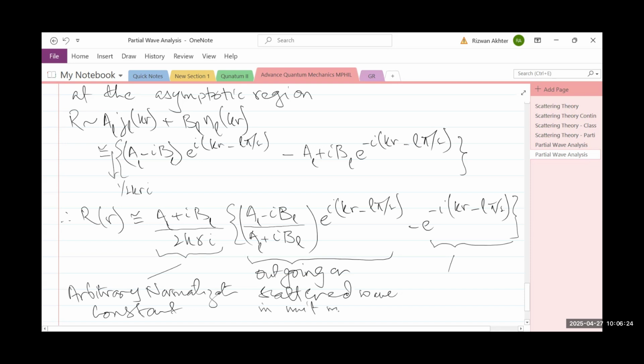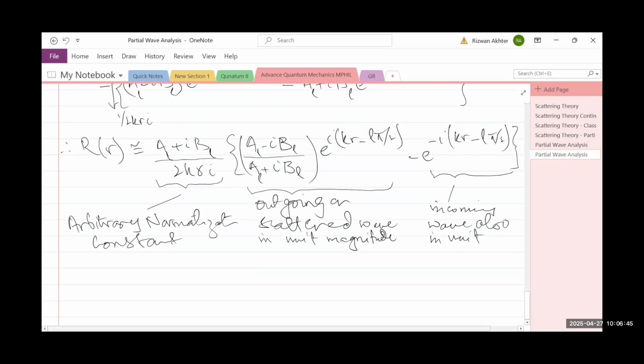So we have normalized, so that would be some unit magnitude. Similarly, this is the incoming wave, also in unit magnitude, because the corresponding wave functions are normalized in unit.